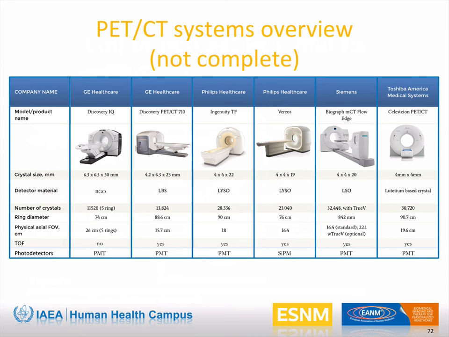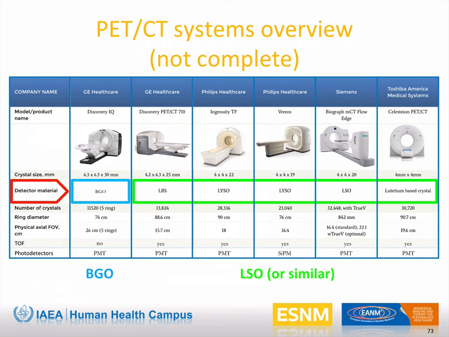In this last part of the webinar, let me show the main features of modern PET-CT systems. As of today, almost all PET systems use a lutetium-based scintillator, with only one still using BGO, with the aim of maximizing system sensitivity.